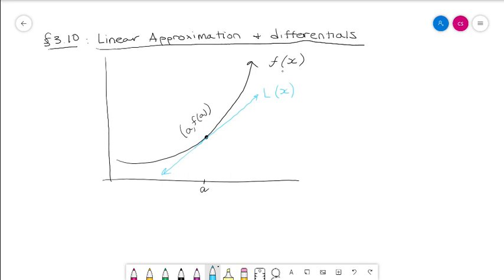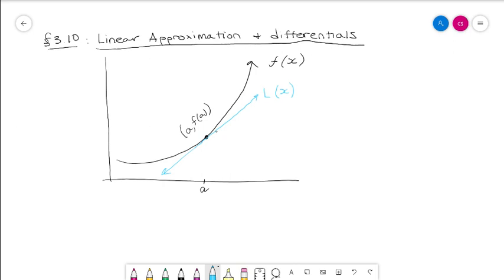So what we're going to do is use the tangent line to approximate values on the curve. And this is why we're able to do that. If we look at this part of the graph right here, where we're taking the tangent line at the point A, we'll see that the blue line and the curve f are almost the same. They're almost the same line.